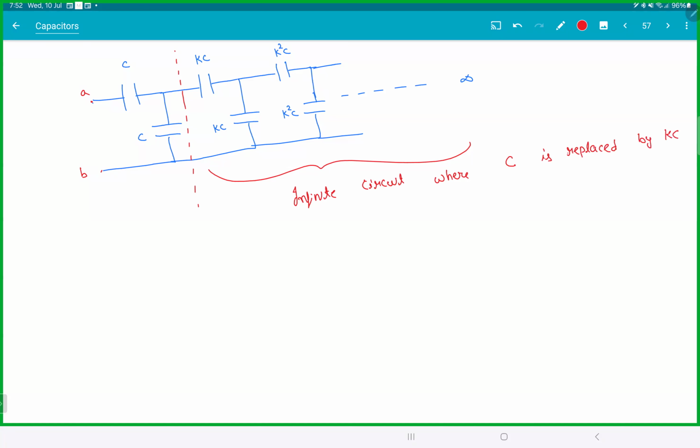Is that making sense? Initially, when you started, this started with C, Kc, and so on. If you cut the branch here, you'll observe this is starting from Kc, K square C, and so on. So indirectly, it gives you a feeling as if you replace the whole thing with K into C, isn't it?